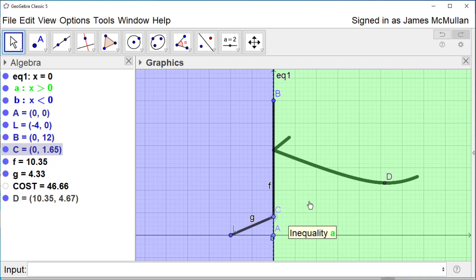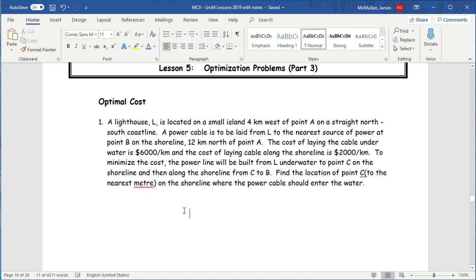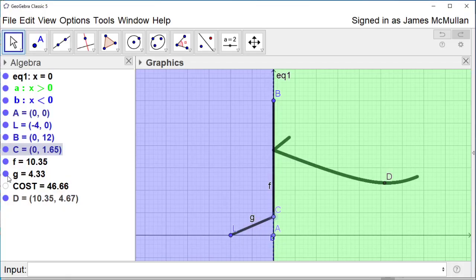Okay. So what we need to do here is think about where point C is, and then how long segment G is versus how long segment F is. Okay? So that's what we're doing. Let's go back for a sec. Let's eliminate the two segments for a minute and eliminate this thing.